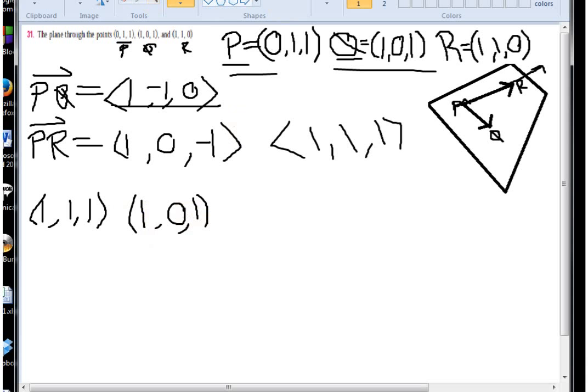And what we're going to do is simply plug these two into the formula: A times x minus x0, plus b times the y component minus the point, plus c, same with the z's.